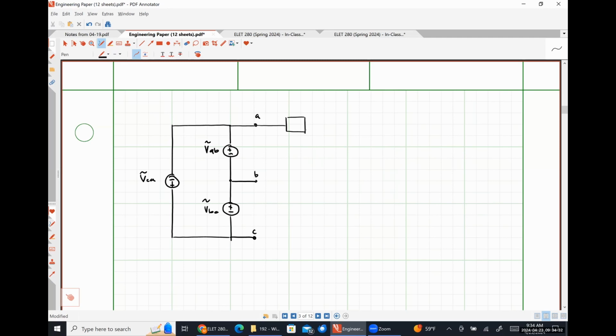I have a line impedance ZW, and then I have a Y connected load.